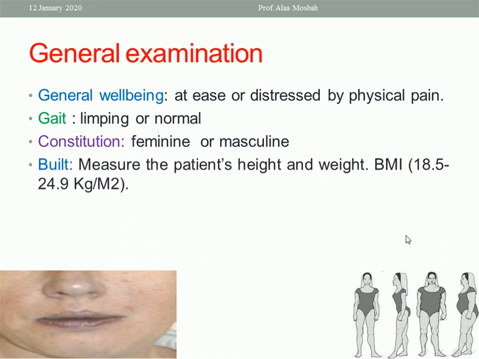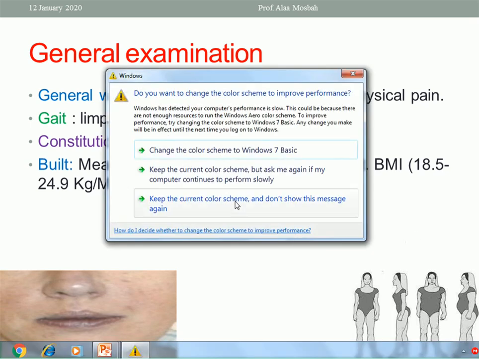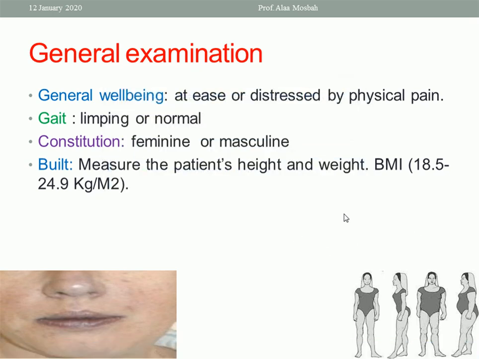Measure the body mass index, which is normally 18.5 to 24.9 kilogram per square meter.